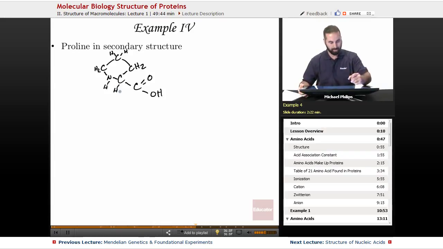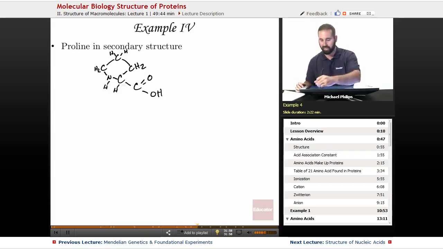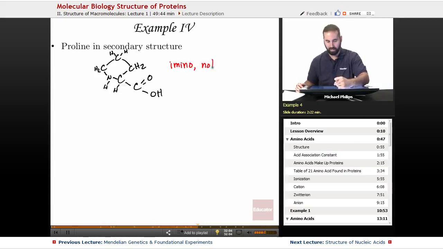If we look back here, this is our alpha carbon, and we have our amine group. It's all attached in one, so it's not free to be moving around. This is actually considered an amino acid, not an actual amino.